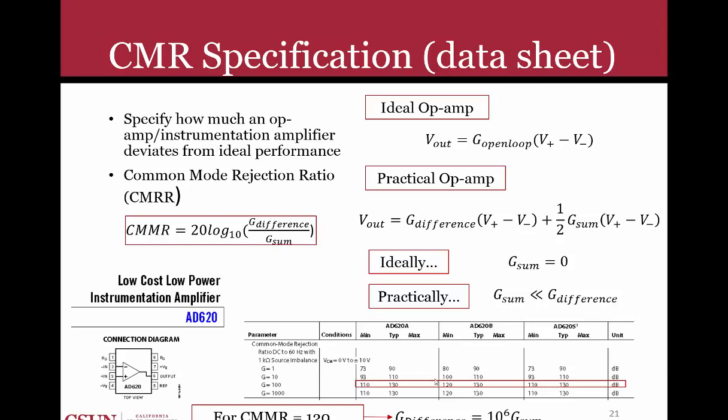When you work that all out, in the case of a common mode rejection ratio of 120, you'll find that G difference is 1,000,000 times bigger than G sum. So obviously, the higher this number is, the better, because that means you're rejecting more common mode than another op amp that wouldn't.